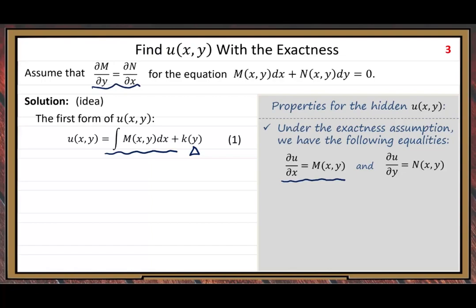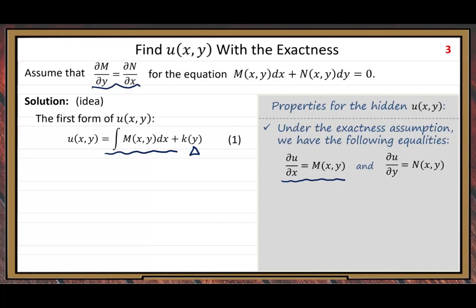We leave it there. The little k function may contain y terms, but we need to determine it later. So we get a first possible representation for the u function.